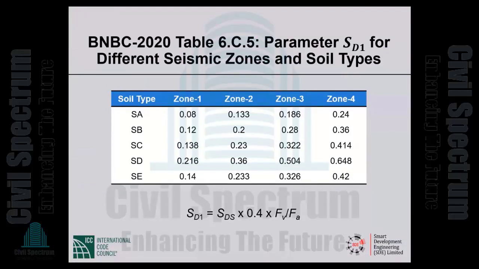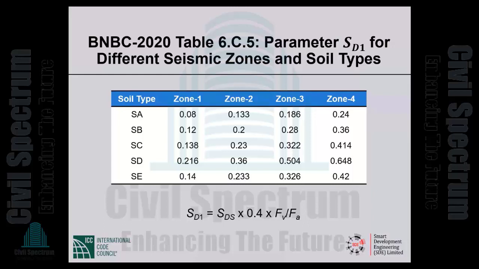So if you go by Appendix C, the design quantities are directly given to you, S sub DS and S sub D1. And I have written down here something that is important. You will see that the S sub D1 values that are given are S sub DS multiplied by 0.4. 0.4 is the conversion factor between S sub S and S sub 1, remember?